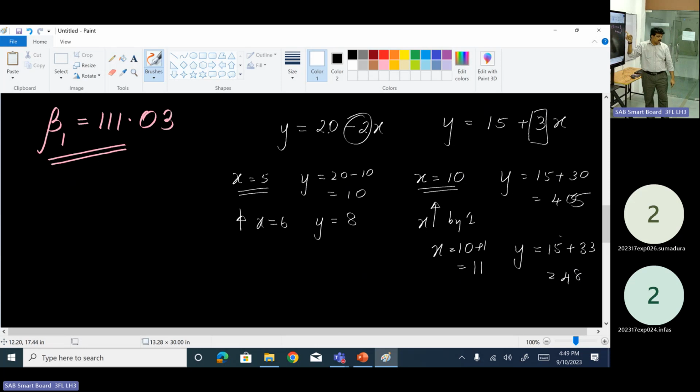Apply the same idea here. What is the x in our model? Number of salesperson. So when we increase the number of salesperson by 1 unit, this is plus, sales will increase.